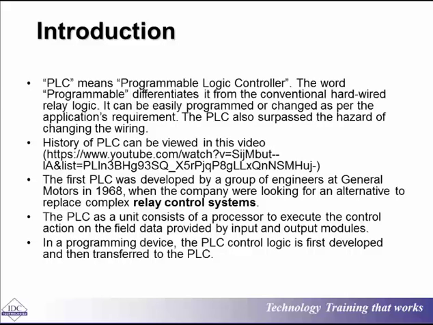Now, it was initially conceptualized by a requirement from some process engineers at the General Motors Corporation around about the late 60s, and they had a particular problem in that they needed to change their factory setup, in other words, their tooling setup, and it was driven by relay logic.